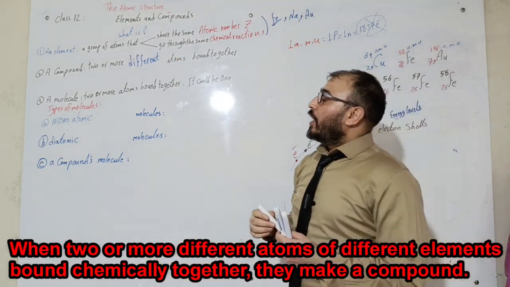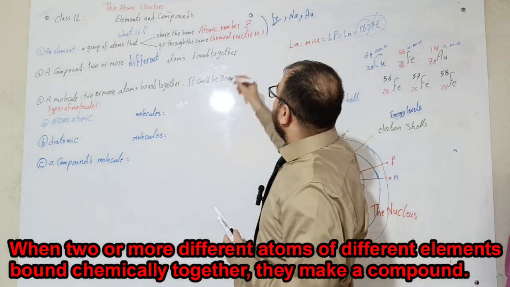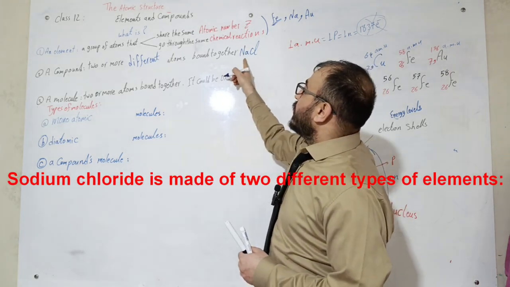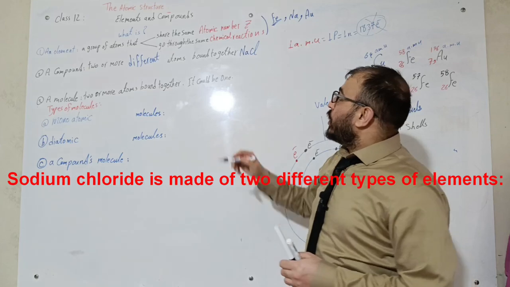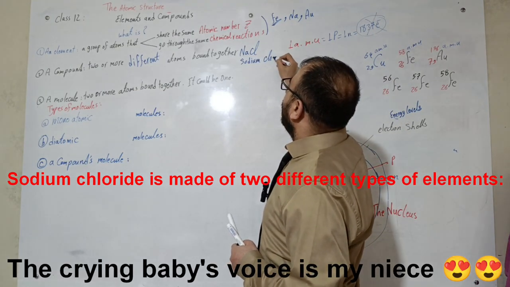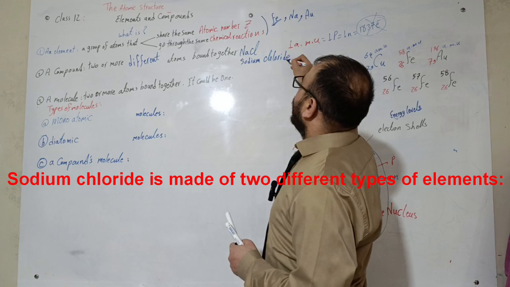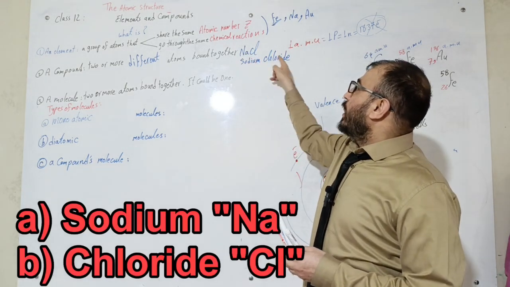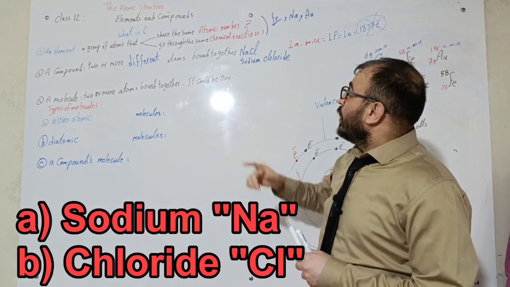What does that mean? It means, for example, if you take sodium chloride, you're going to see that this is a chemical compound. Why is this a chemical compound? Because sodium chloride is made up of two different elements, the sodium and the chloride.